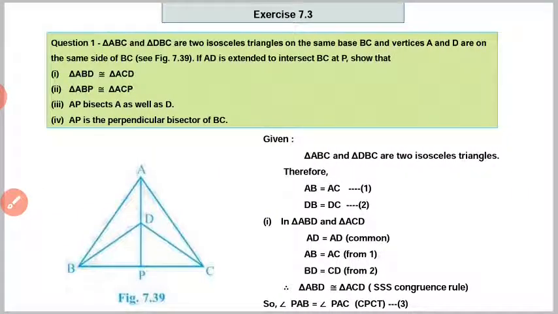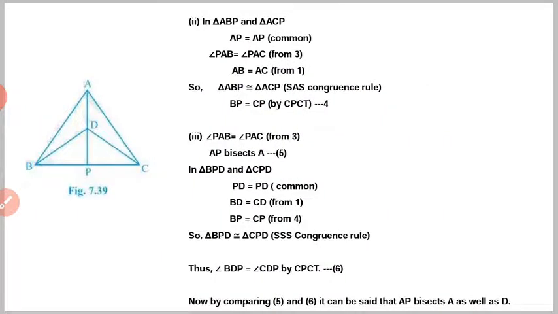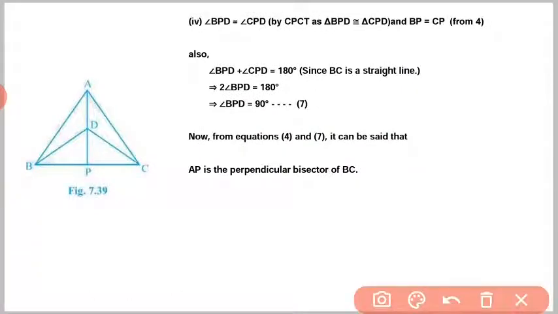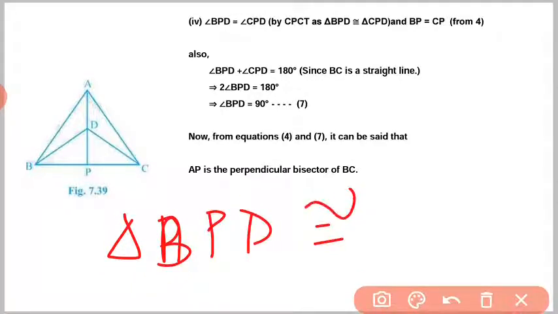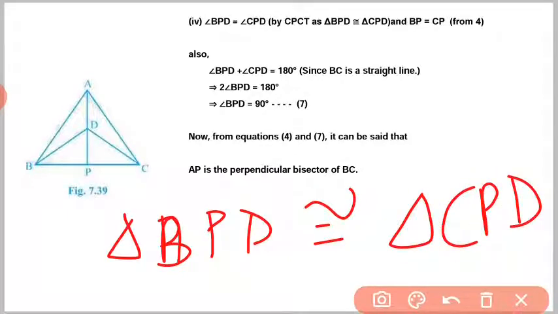Now the fourth thing we have to prove is that AP bisects BC perpendicularly, meaning AP is the perpendicular bisector of BC. We just showed that triangle BPD is congruent to triangle CPD by the SSS congruence rule.